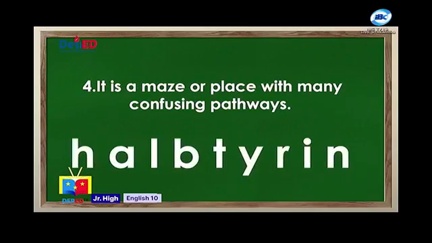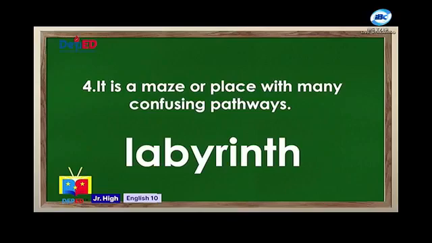Number 4. It is a maze or place with many confusing pathways. Did you say labyrinth? Cool! It is correct. Example, a labyrinth of tunnels and chambers were built near the museum. Again, number 4 is labyrinth.